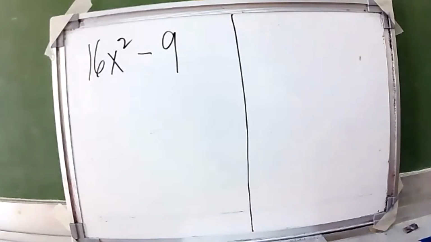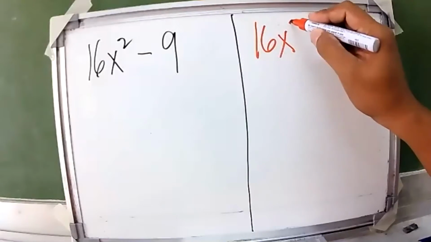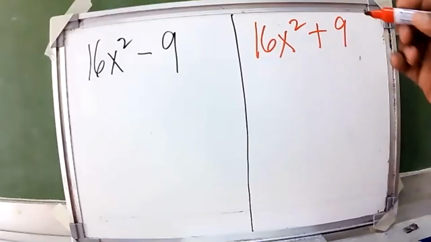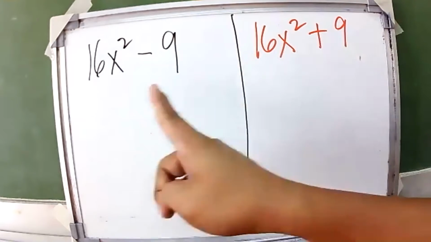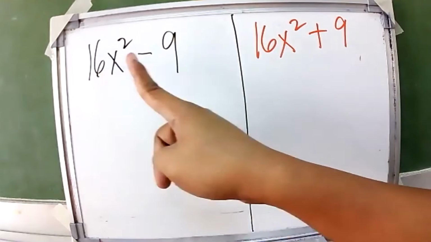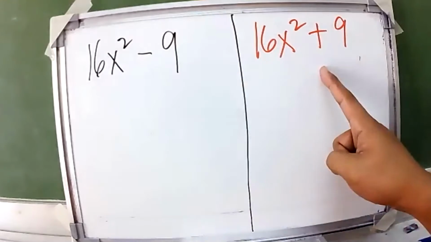I'll write another given. Here we have 16x squared plus 9. I want you to analyze these two givens. They have almost exactly the same terms, however different signs.